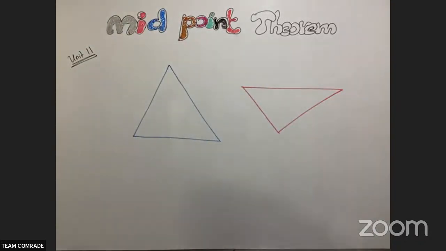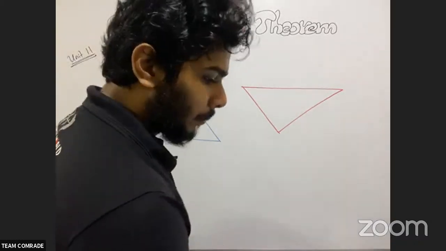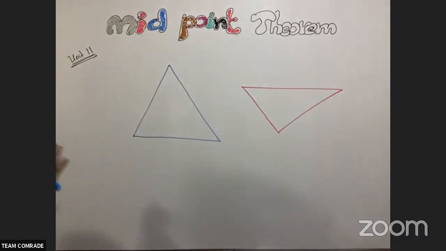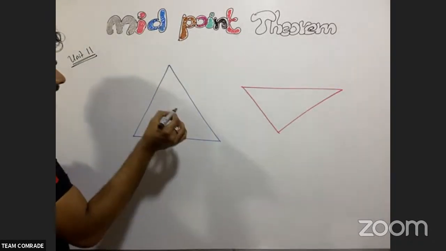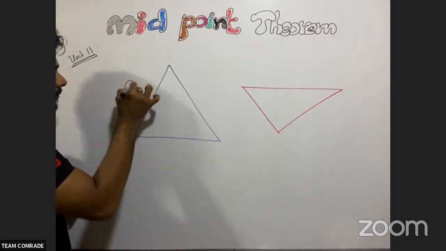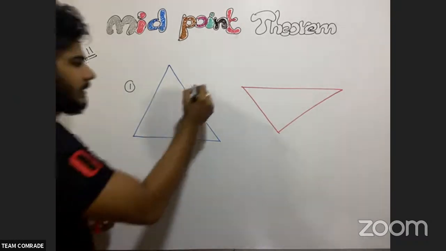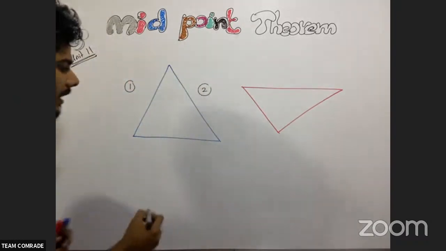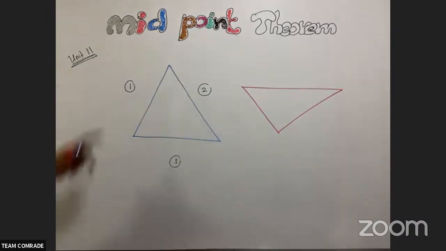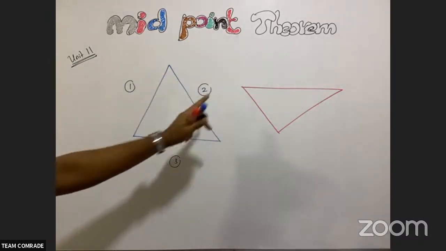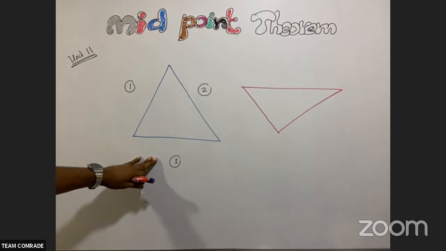In the midpoint theorem, I will make this easier. I'll take one side as the first side, this is the second side, and this is the third side.